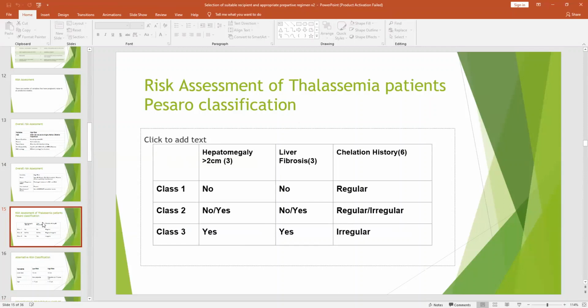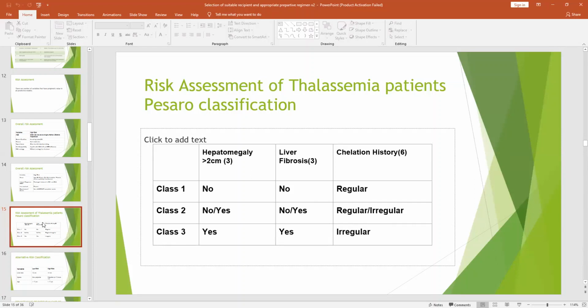Then the risk assessment of the thalassemia patient is the Pesaro classification, which has class 1, class 2, and class 3. If there is hepatomegaly with Z-score 3, that is class 1, and if liver fibrosis is not present, that is also class 1, and if IV chelation is regular, they are included in class 1.